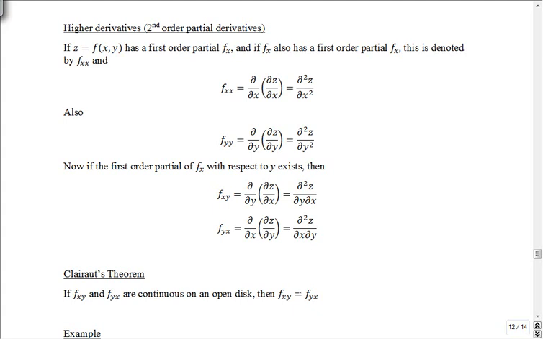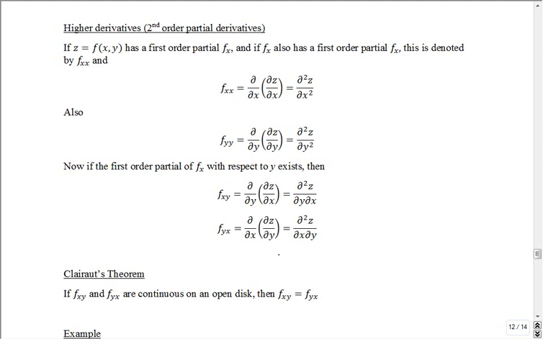Now there's a very important theorem called Clairaut's theorem, which tells you that fxy and fyx are usually the same if there is continuity. If they are both continuous, then they are the same.